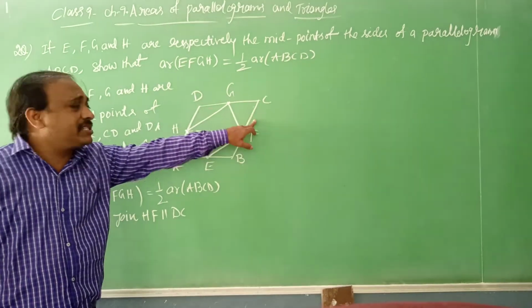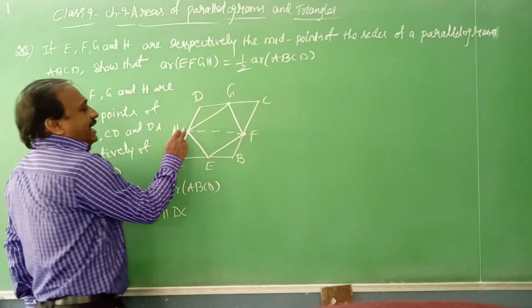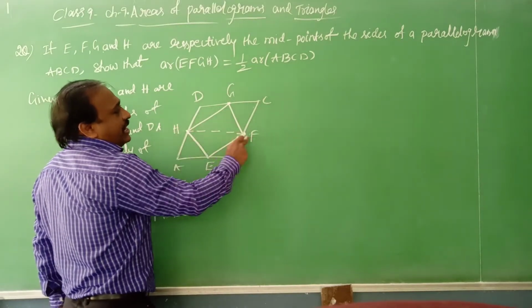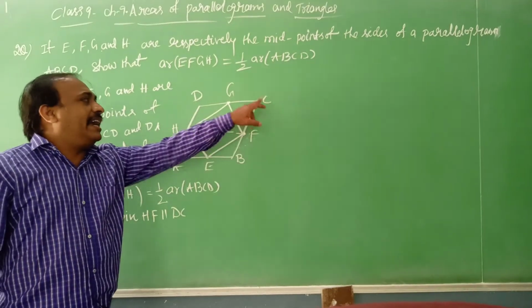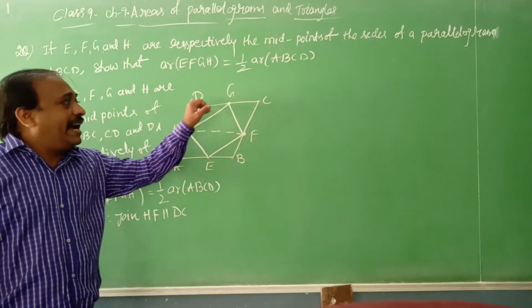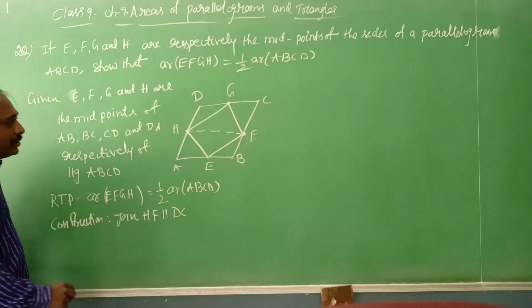So HFCD is a parallelogram, and triangle GHF and parallelogram HFCD are on the same base HF and lie between the same parallels HF and DC.